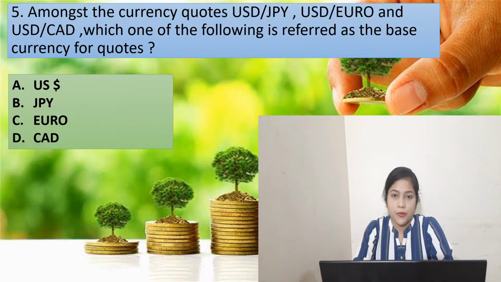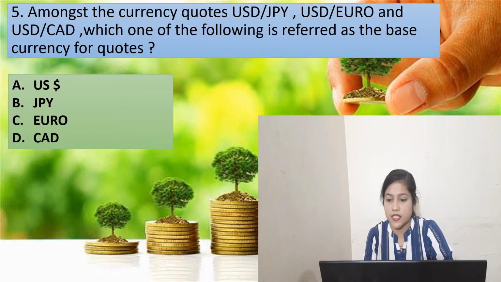Moving to the fifth question: among the currency codes USD JPY, that is Japanese yen, USD euro and USD CAD, that is Canadian dollar, which one of the following is referred to as the base currency for codes? This is a short question in every competitive exam, and the very short answer is US dollar.